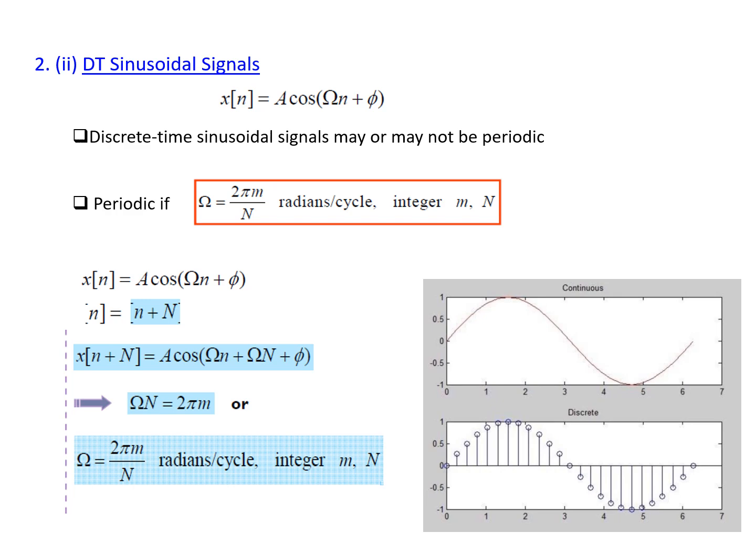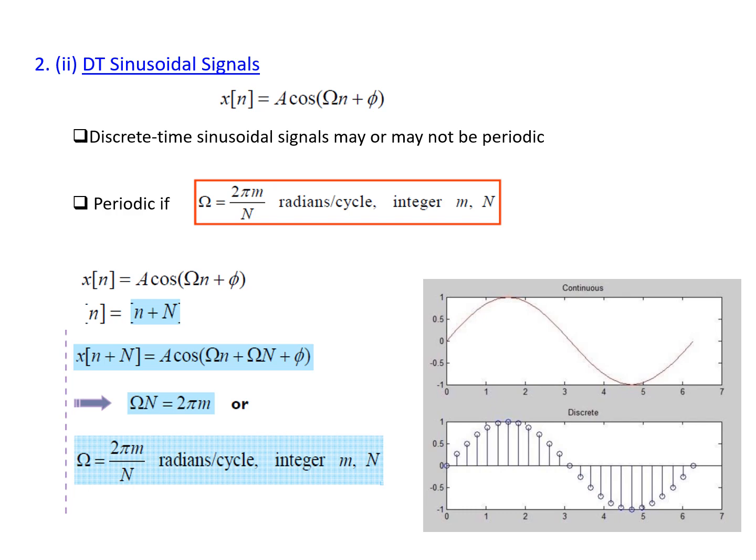In the place of n, you replace n plus capital N, where N is an integer which shows the number of samples per cycle of a periodic discrete cosinusoidal signal, if at all that signal is periodic. N is the number of samples present within a cycle if the signal is periodic. So wherever n is there, replace that by n plus capital N.